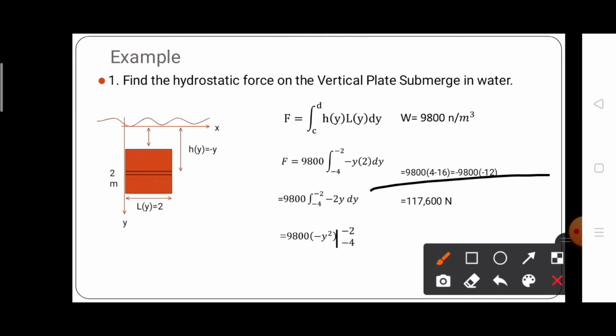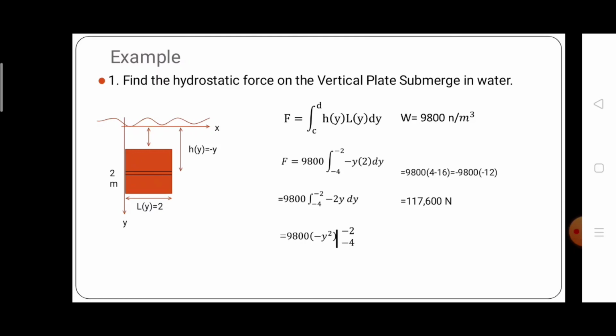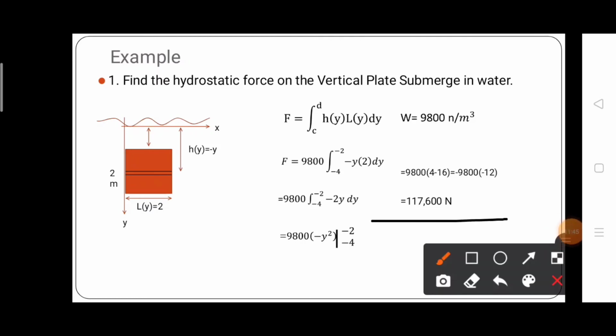So 4 minus 16 is negative 12, and 9,800 times negative 12, the result is 117,600 newtons. In this problem, the hydrostatic force on the vertical plate submerged in water is 117,600 newtons.